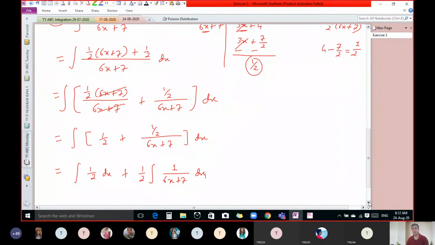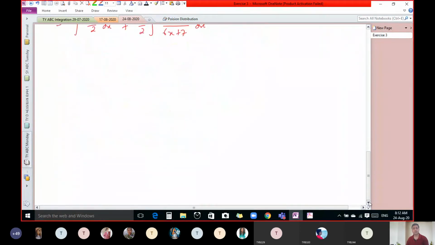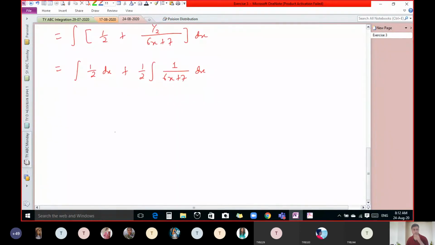And now take integration. So this 1 by 2 is a constant like 5, 2. So keep this 1 by 2 as it is into x plus this 1 by 2 as it is, and once again use the rule integration of 1 upon (ax plus b). So the rule is once again log (ax plus b) upon a plus c.